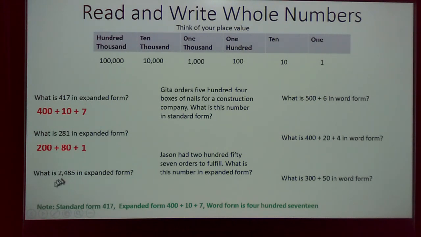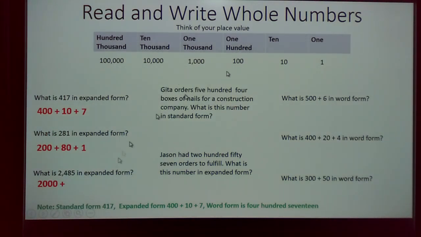Now, what is 2,485 in expanded form? Well, now since we got 4 digits, we look at the first 4 columns. Since the 2 here is in the 1,000 place value, we'll add 3 zeros to that 2, so it becomes 2,000. Now the 4 is in the 100 spot.